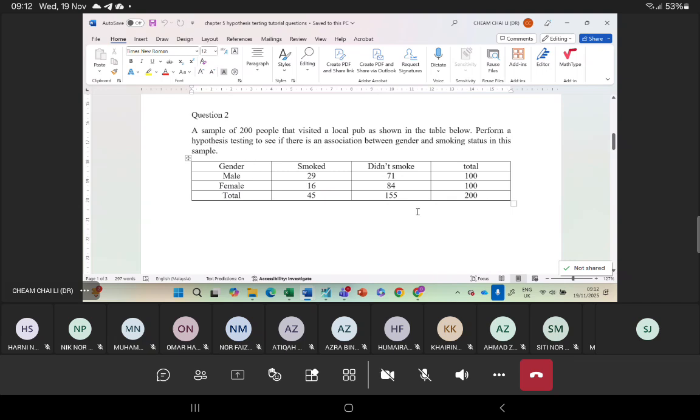So maksudnya sebelum ni kita kena buat pivot table, you need 4 steps. So sekarang observed frequency is given, so you boleh terus buat. This is the first step, first table, and then next you kena tunjukkan yang expected, and then baru chi-square test statistic. So 3 table yang diperlukan. Boleh kan?